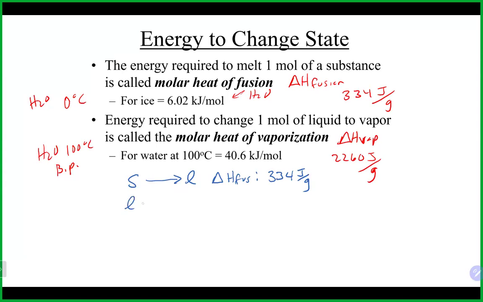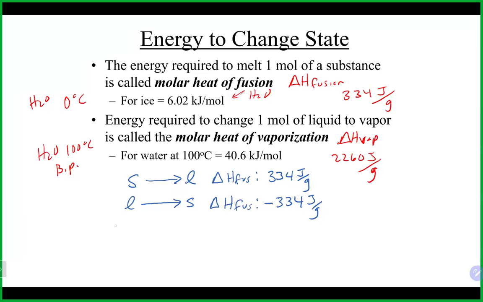But if we were going from liquid back to solid, that is an exothermic process, which means the number will be the same, but our sign would be different. It would be negative 334 joules per gram. So it's the same amount of energy regardless of which way you're going, but the sign will change depending on the process that's occurring. Is it exothermic or endothermic?